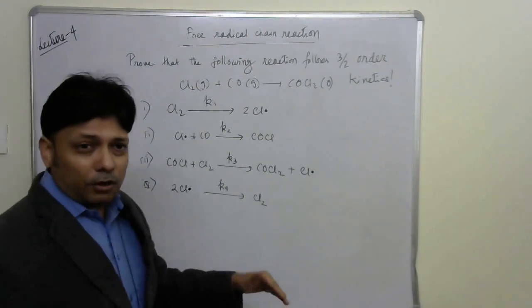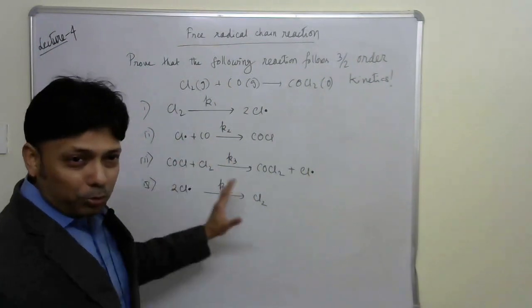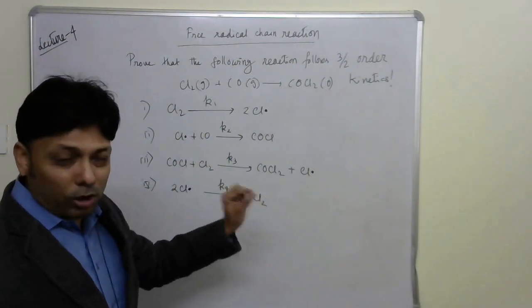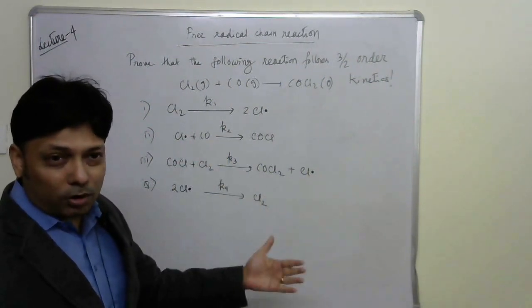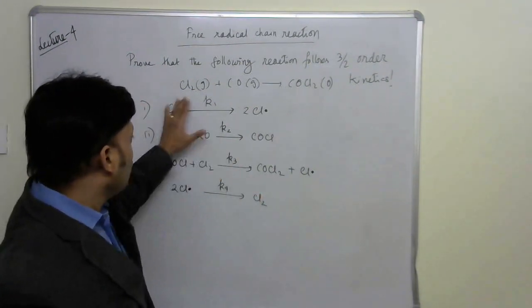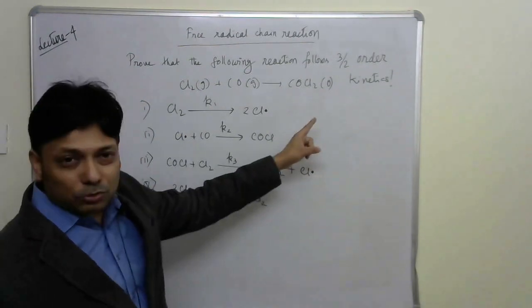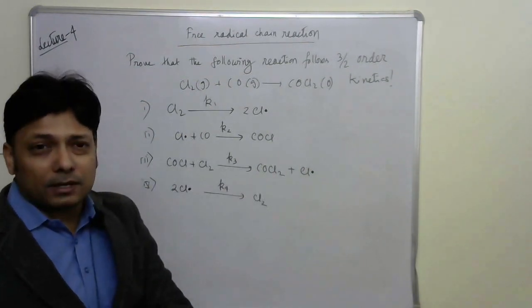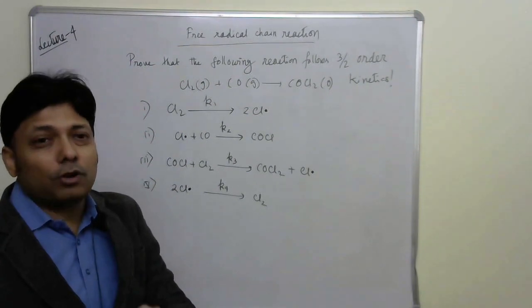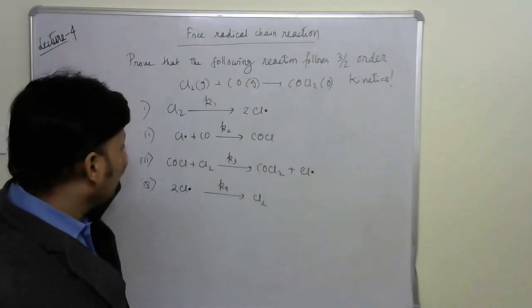Because I remember at the very first lecture, we told that for multi-step reactions, the molecularity of the slowest step is the order. But here, see, there is no fractional molecularity, but still the order is coming to 3/2. And I told you at that time that exceptions occur in free radical chain reactions. And my friend, this is the exception.